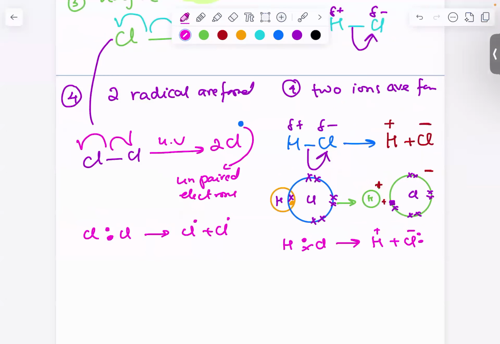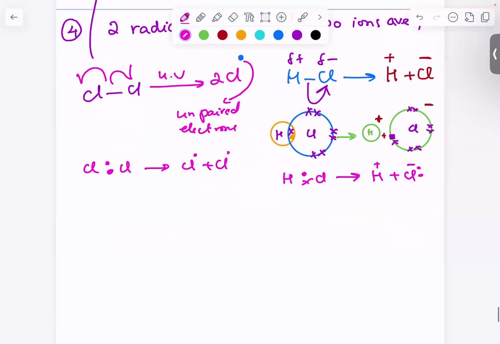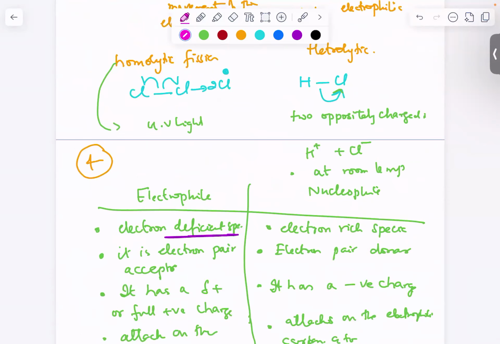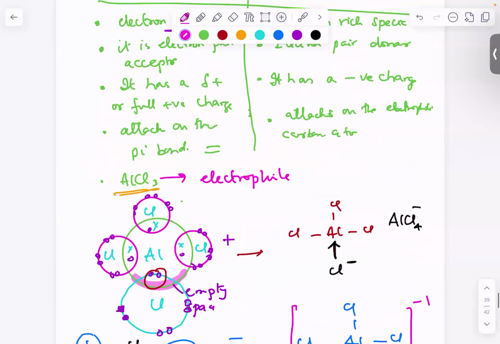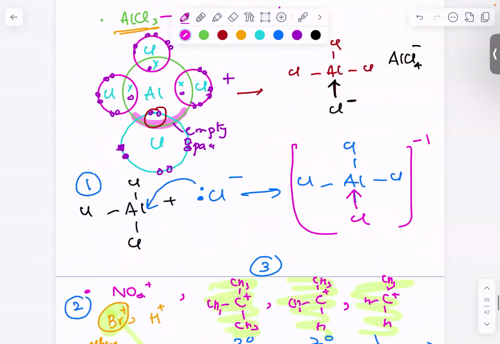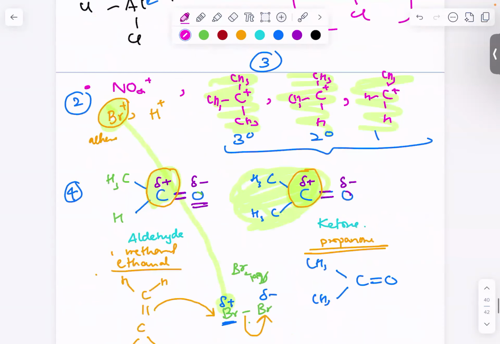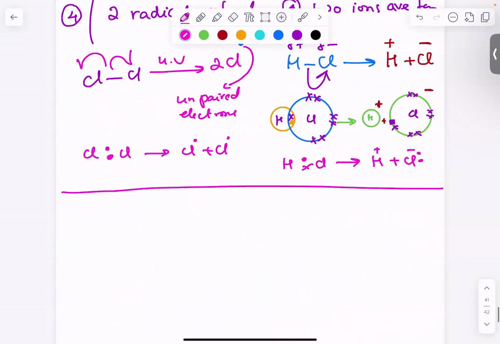I hope it's clear, right? And then the last difference is between what we have done today. Please do take a screenshot or get the printouts, or you can write it in your notes, but do have it close to your study desk so that you can repeat it again and again, right?